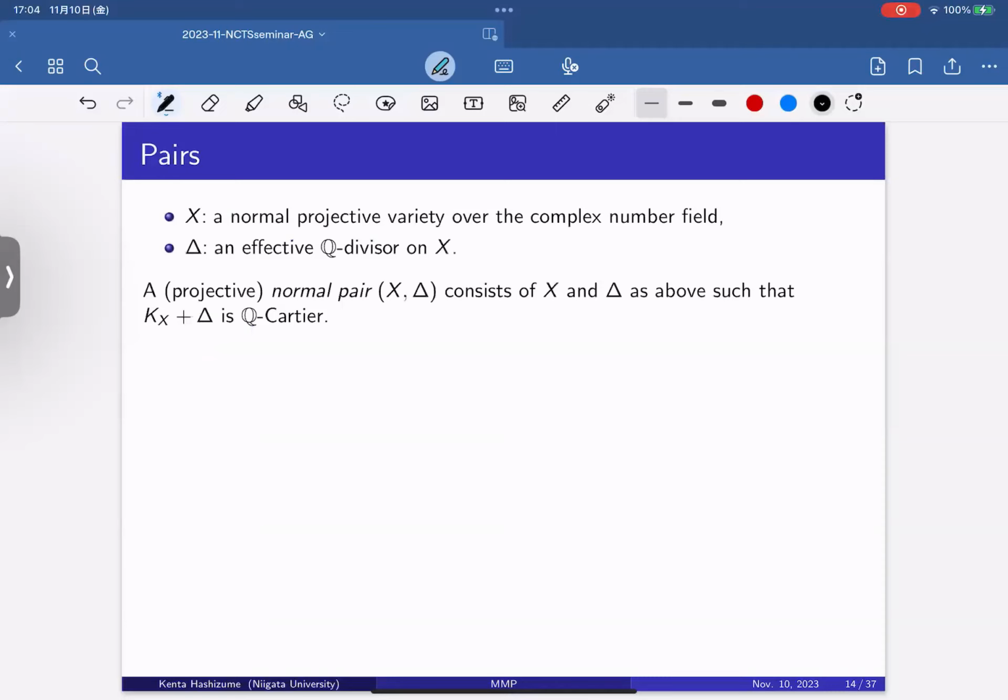Okay, firstly, I define pairs. In this talk, all varieties are defined over the complex number field. And from now on, all varieties are assumed to be normal projective varieties. Here, normal means the variety has normal singularity.